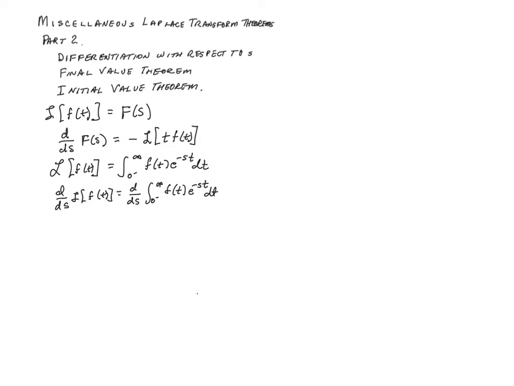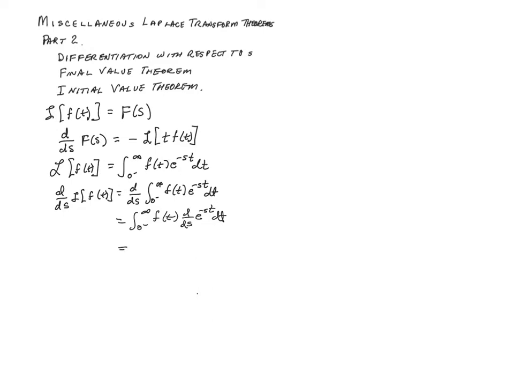So let's go ahead and do that. This is equal to the integral from 0 minus to infinity of f of t. The only expression we have with s in it is right here, so this is d by ds of e to the minus st dt.